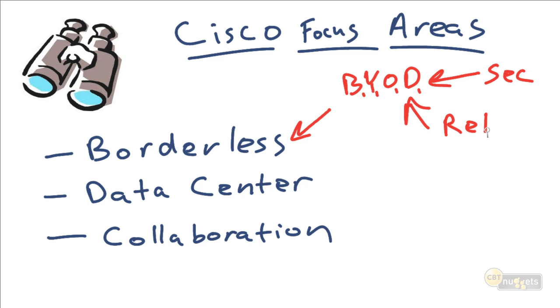Cisco also focuses now on the data center, specifically that virtualization inside the data center that we were speaking of earlier. So they want a highly modular, highly available, highly reliable, and highly virtualized data center environment for organizations of any size. And I want to emphasize that.